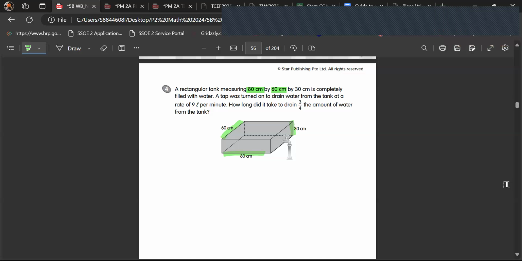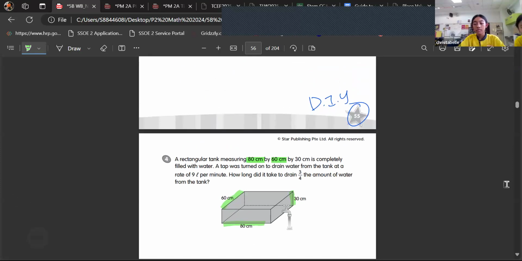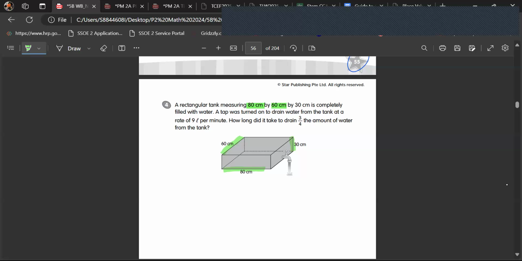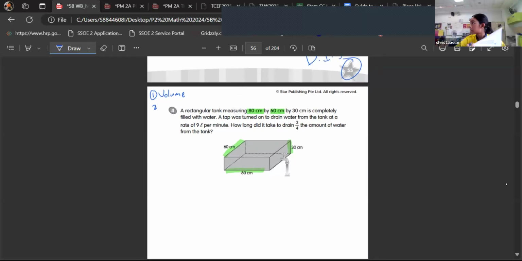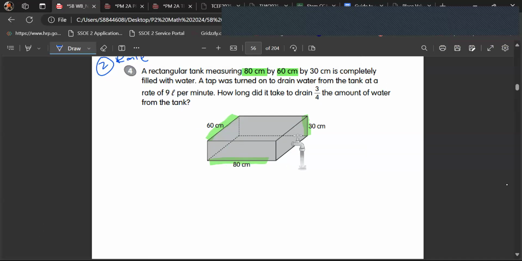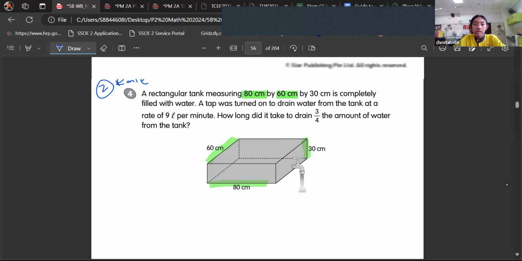So, what else? This question involves not just one chapter, but a few chapters. So we talk about volume in this question. And of course, we already know this is rates, right? Then there's one more thing here: fraction.